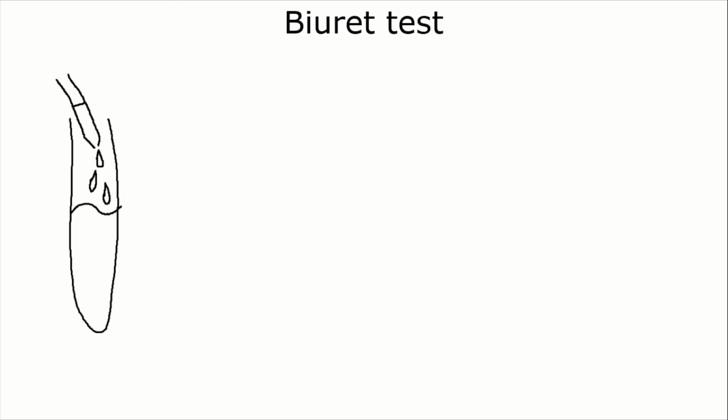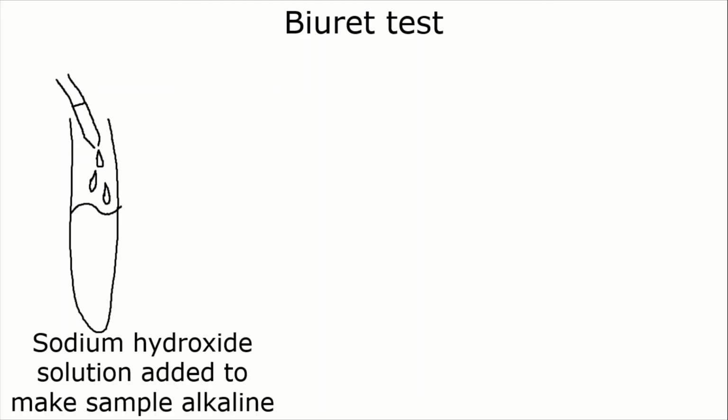We use something called a Biuret test, and this is the last test for biological molecules that we need to know. So this test is split into 2 stages, and the first thing we need to do is to make the solution alkaline.